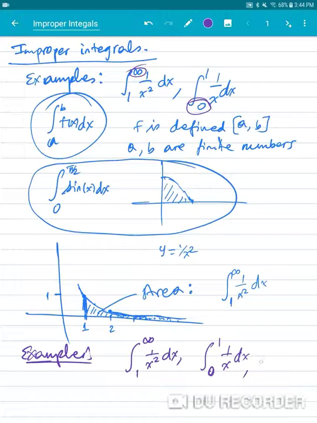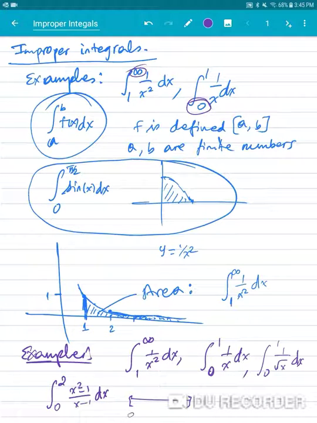Maybe from 0 to 1 of 1 over square root of x dx. Maybe the integral from 0 to 2 of x squared minus 1 over x minus 1 dx. What's the problem here? The function is defined at 0, it's defined at 2, but at 1 it is not defined. If you put 1 in for x, you'd be dividing by 0.